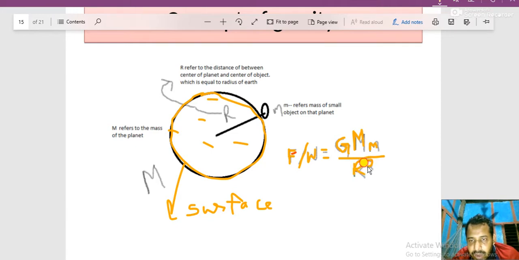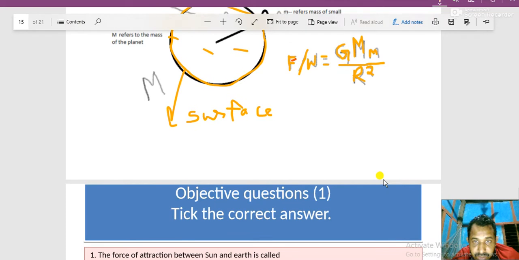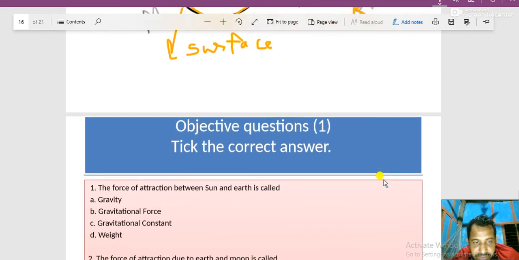I am using the gravitational force, G, mass 1, the attraction between the planet and small m, two masses, the mass of the planet and the mass of the object, over r square. I think you understood. This is the weight on the surface. Now take the correct answer.